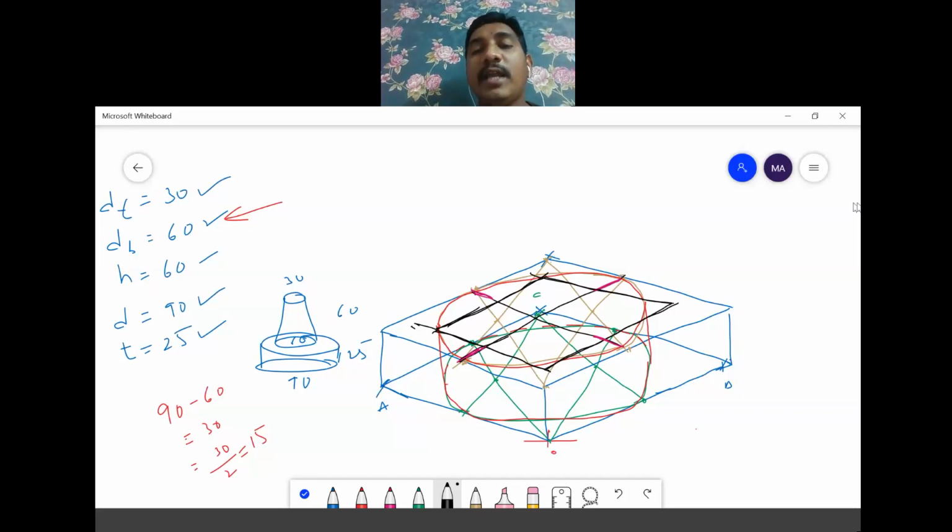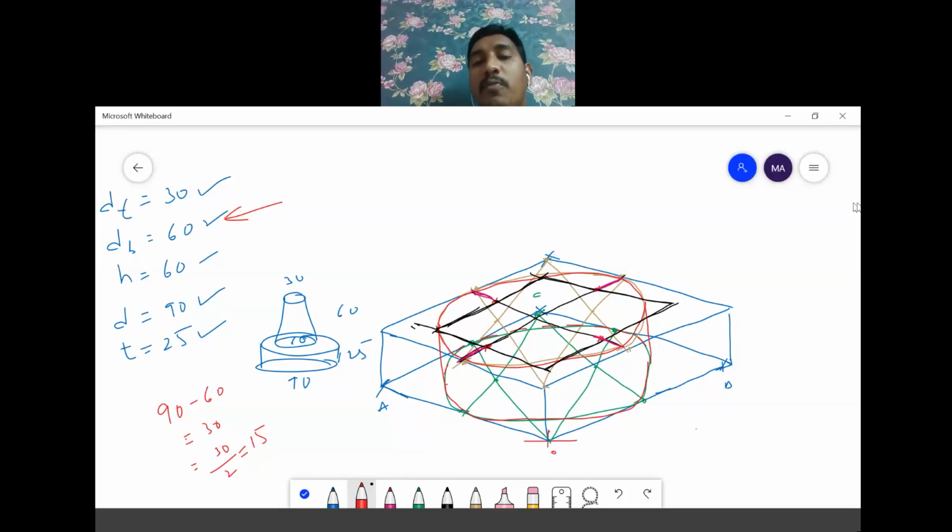Again you have to draw a circle in it. For drawing the circle, the midpoints are already available here. This one is one midpoint, this one is one midpoint, this one is one midpoint, and this one is one midpoint.